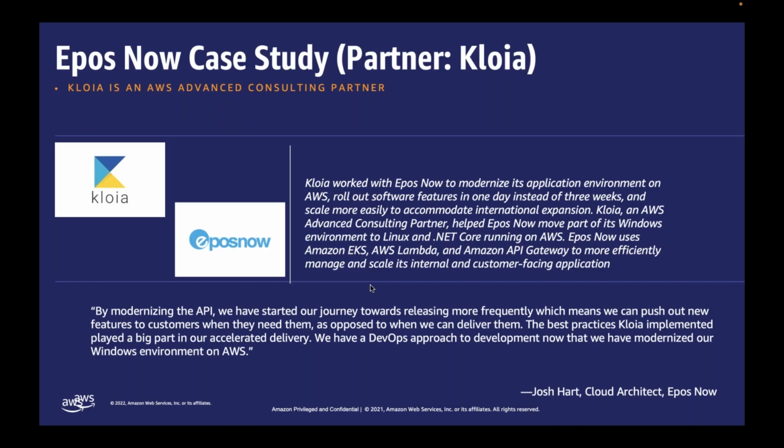So they deployed AWS Lambda along with Amazon API Gateway to enable easier creation and maintenance of their secure and scalable APIs. So as a result of all of this, EPOS Now can roll out software features now in a day instead of what it used to take them earlier, about 3 weeks. So that's a huge efficiency gain right there, right? And in addition, of course, they're able to scale more easily to accommodate international expansion.